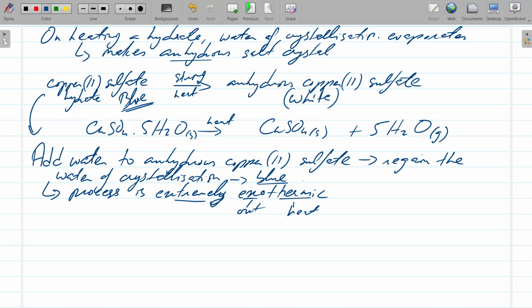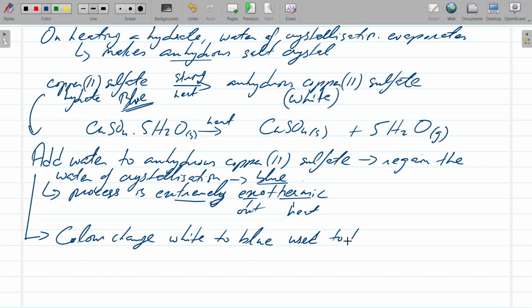This color change from white to blue, for the anhydrous to become hydrous again, can be used to test for presence of water.